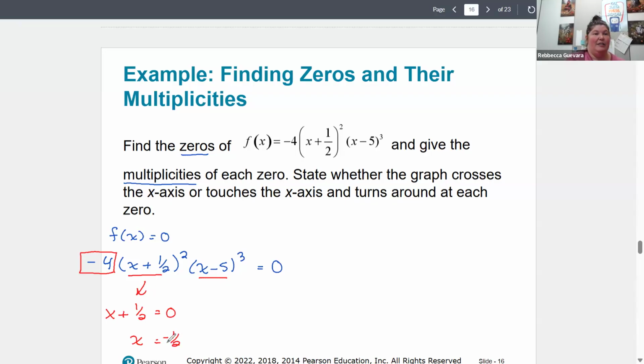So we have a zero at x equals -1/2. In here, we just have to look at the x minus 5, which equals 0 when x is 5. So I have two zeros, and I'm going to have their multiplicities over here.